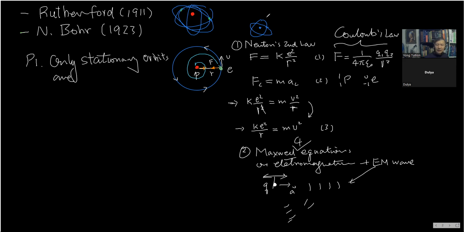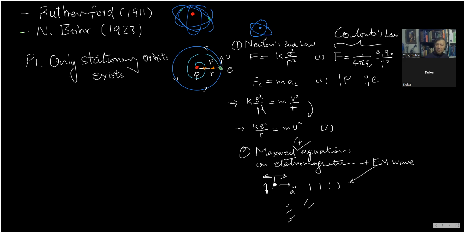He says they exist. So what are these orbits? Well, he said this is the condition a stationary orbit must satisfy. So that's the first postulation.